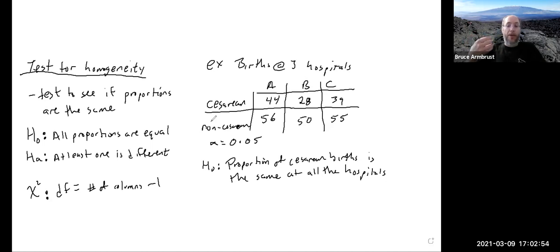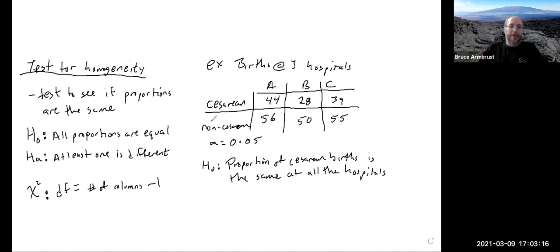They were always binomial. Look at the birth. Was this birth cesarean? Yes or no? There are only 2 choices, right? All right, so since we always have just 2 rows, that minus 1 is just 1.